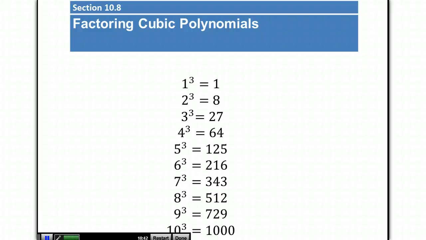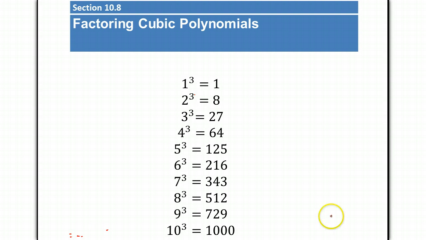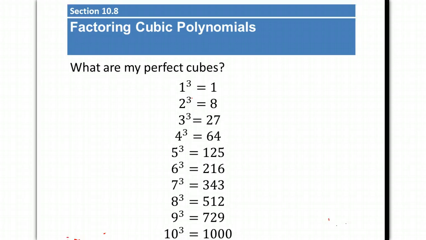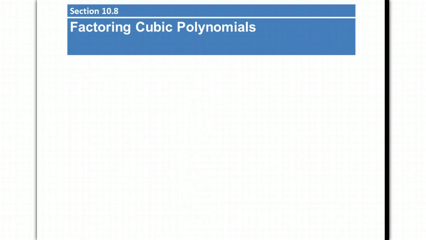So 1 cubed is 1. 2 cubed means 2 times 2 times 2, which is 8. 3 cubed is 27. 4 cubed is 64, etc.